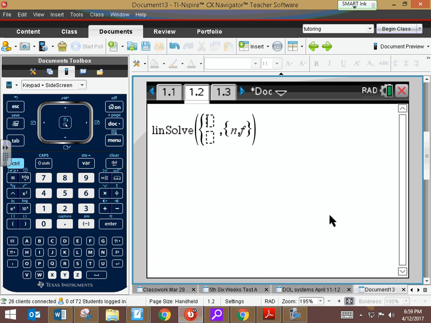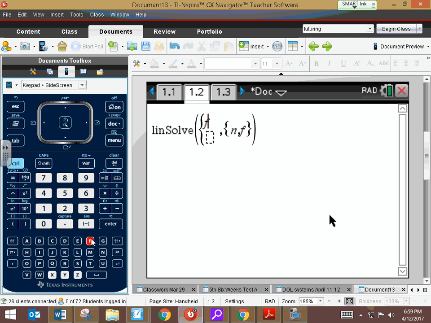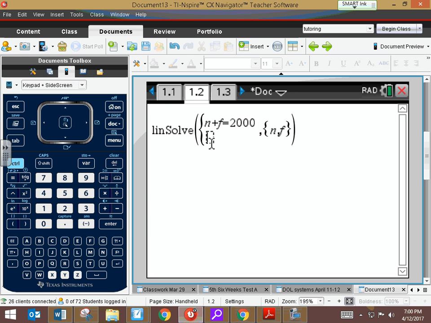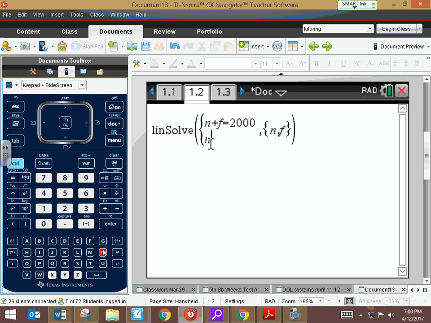Let's put it in our function. It looks like I got N coming first. So I go N plus F equals 2,000 books. And there were 3 times as many nonfiction, so the number of nonfiction books is 3 times the number of fiction books.